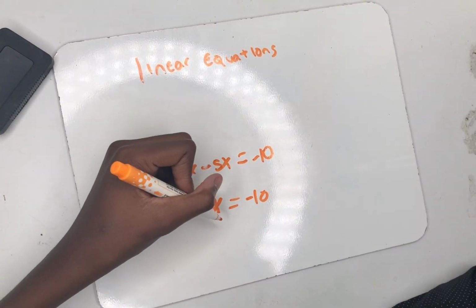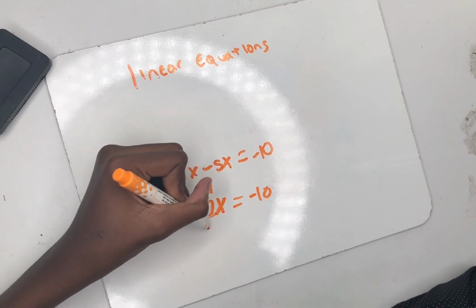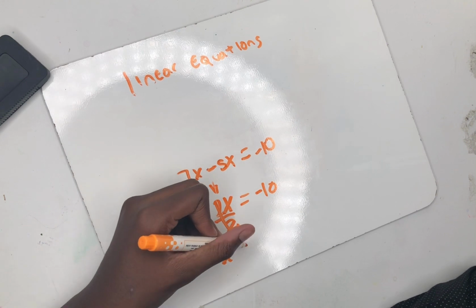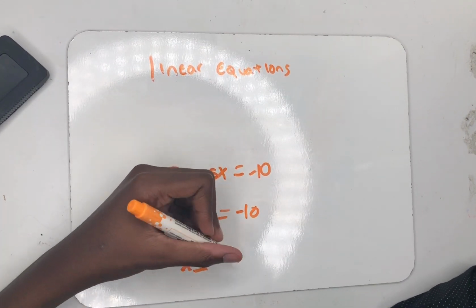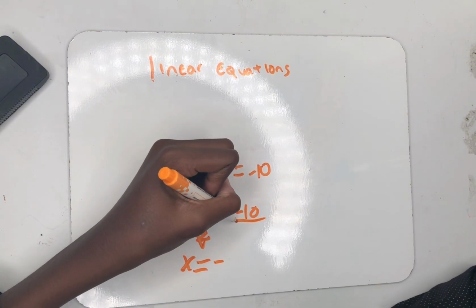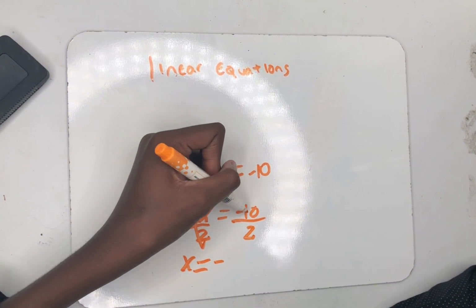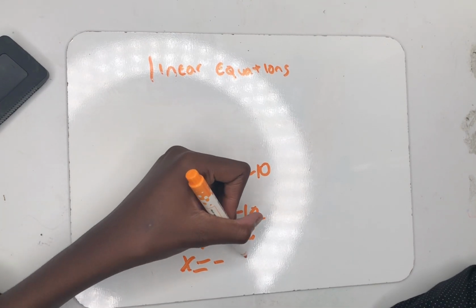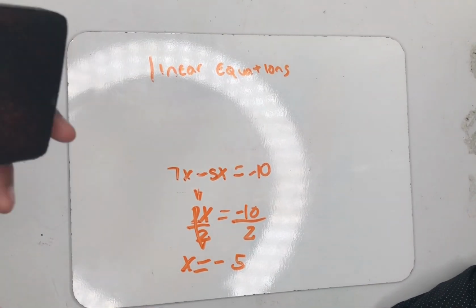So all you just need to do now is divide by 2. These cross out, leaving x by itself, and isolate x. Then x equals negative 10 divided by 2, which will give you negative 5. Perfecto.